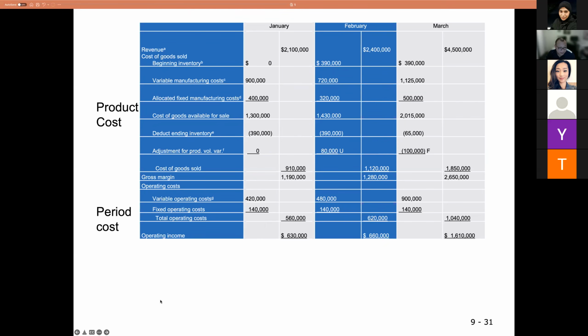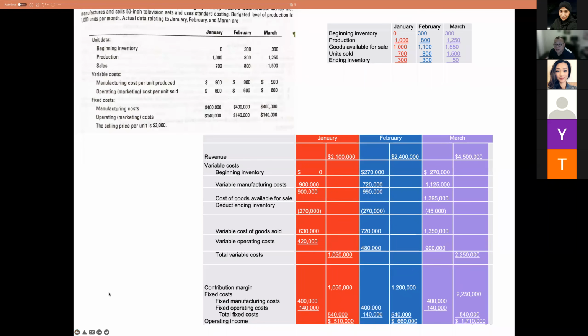No problem. For the ending inventory, it's the manufacturing cost. You want to know what the manufacturing cost per unit is. It has two components, variable and fixed. The variable is given: the variable manufacturing cost per unit is 900. And the fixed is 400. So 900 plus 400 is 1,300.